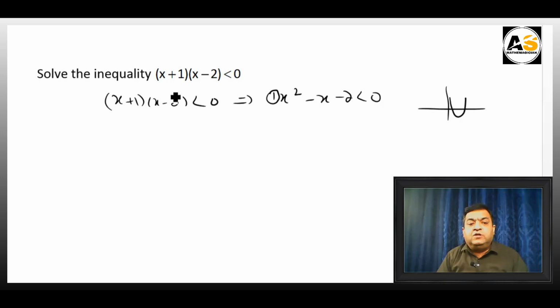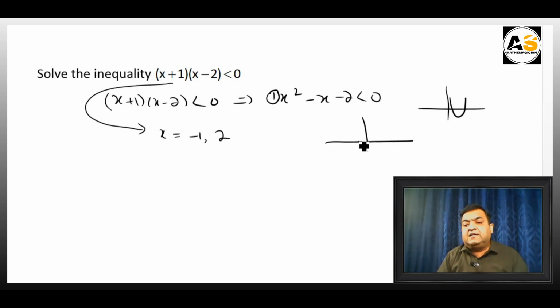From here it is very obvious that its two roots are -1 and 2. Graph will be like this, and it will be negative between -1 and 2, and our answer will be -1 is less than x is less than 2.